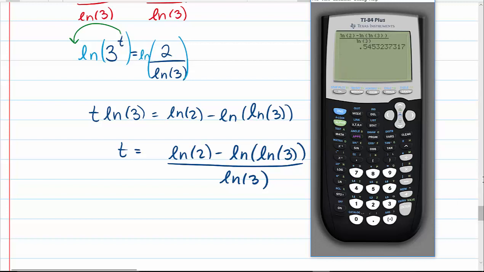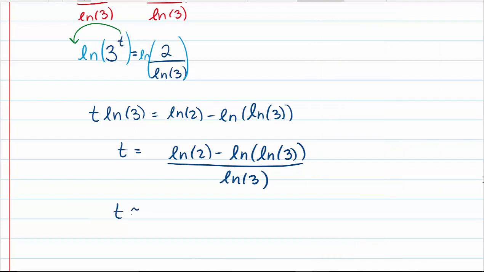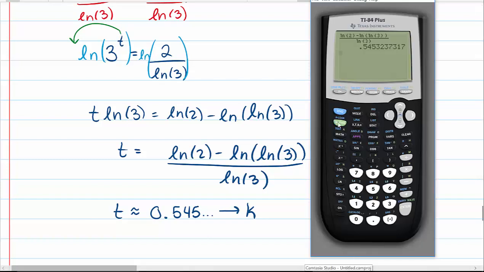And we get 0.5453 something. Okay, so t is about 0.545, dot, dot, dot. We're going to store that as the letter k again. Now when you store something as the same letter, it overrides it. So I hit store, alpha, k, enter. So now my new k value is that decimal.